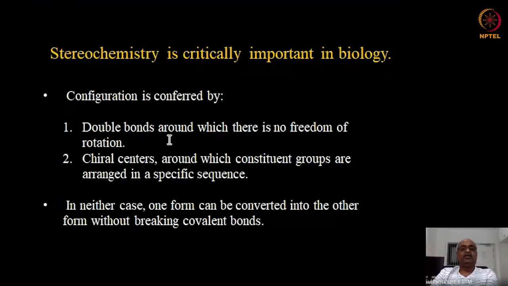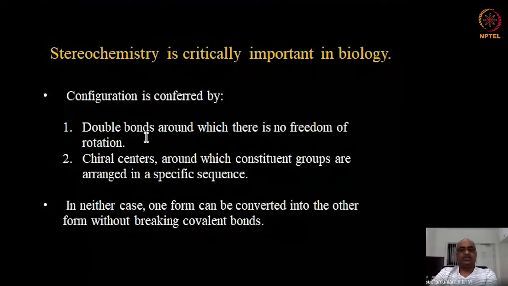So the double bond prevents rotation of the bond between the two atoms that are bonded, like for example C double bond to C, and due to that you have a specific configuration. If you don't have the double bond and between the same atoms it is a single bond with free rotation, then the groups will rearrange in space. So configuration really doesn't matter.